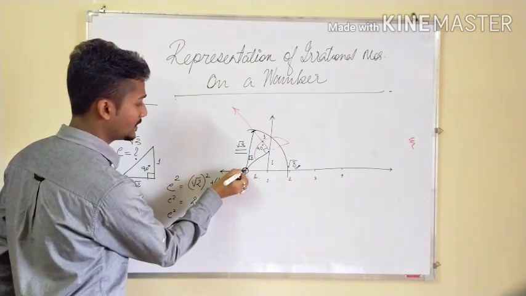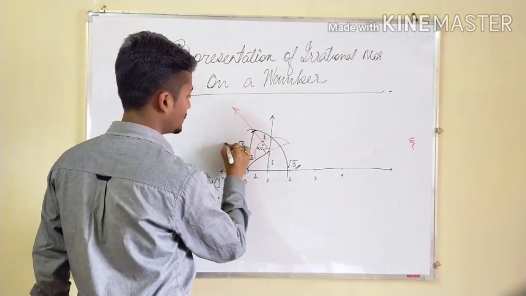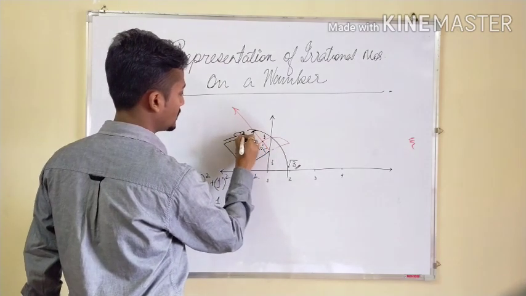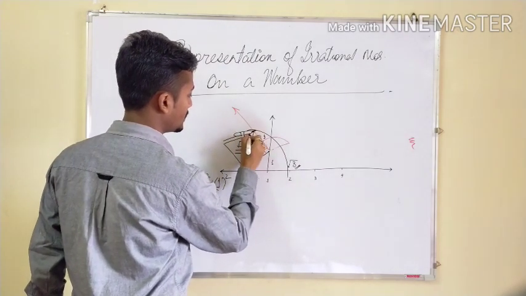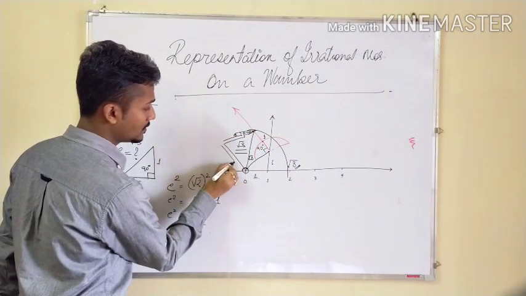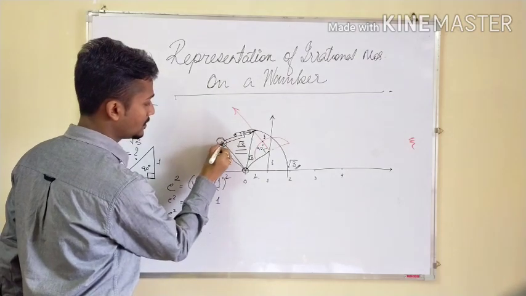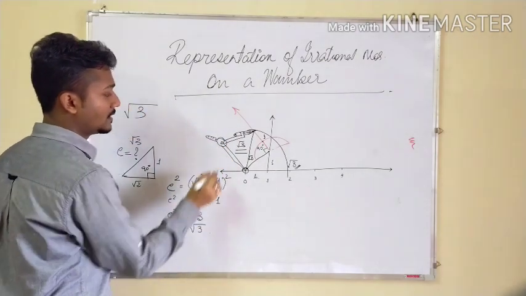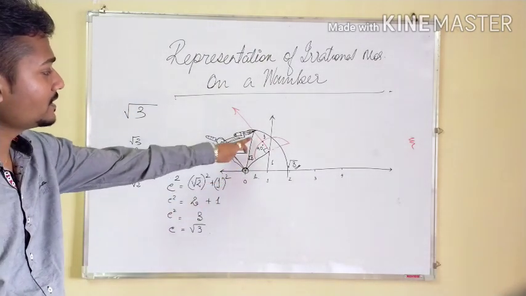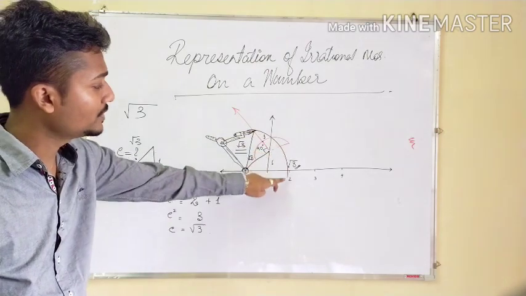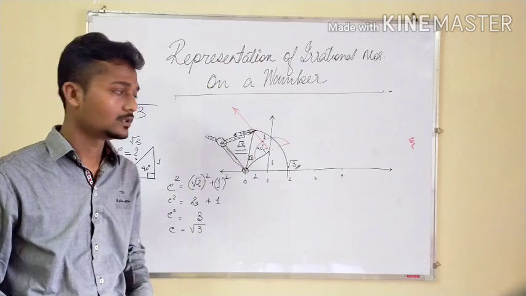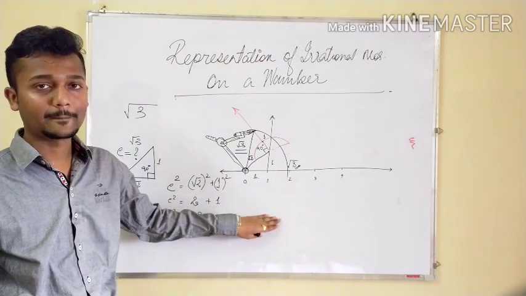I'm drawing it, that will be better. See the placement of the compass and pencil. Here should be the pointer, here should be the pencil, and you have to draw the arc. Is that clear? Will you be able to do root 3 on a number line?